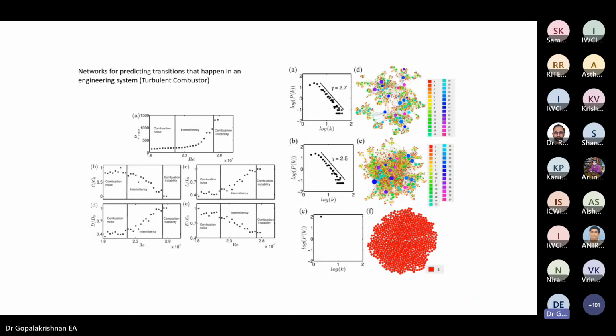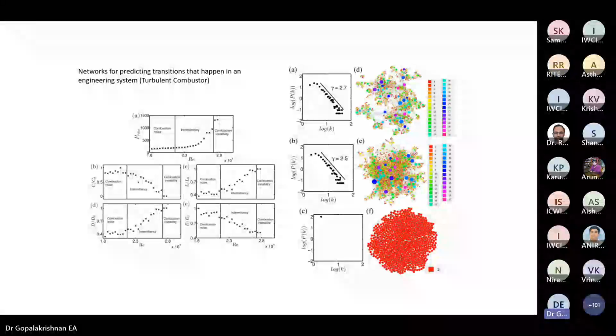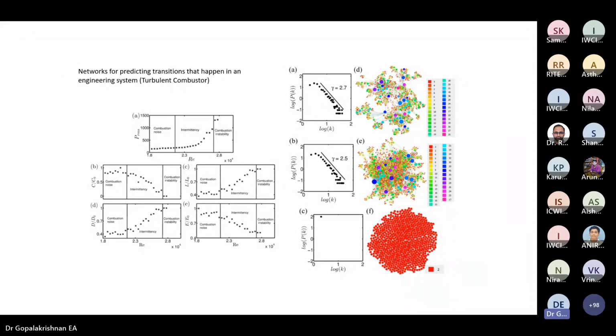Basically, we create a network of the time series of different states, and these networks represent some topology. Then the topological changes of these networks are tracked, and by tracking them, you could predict the transitions that may happen in your system.